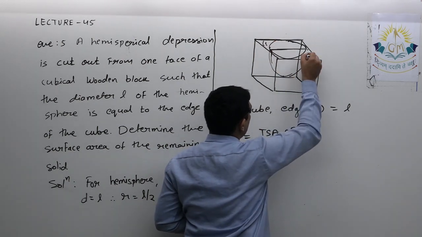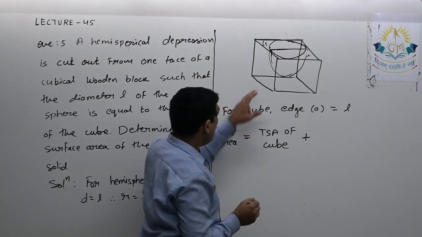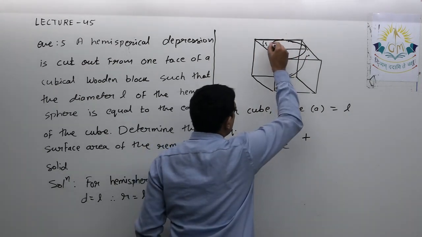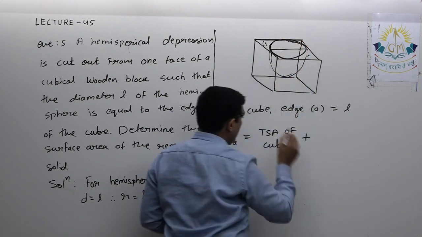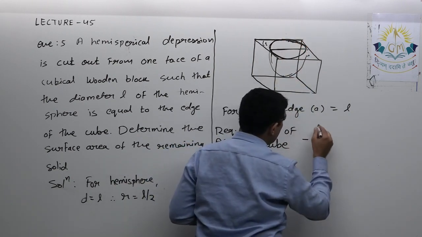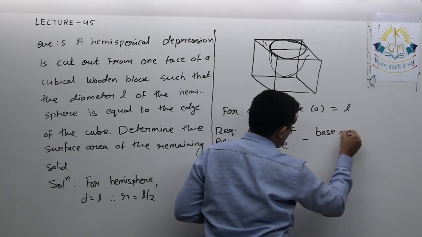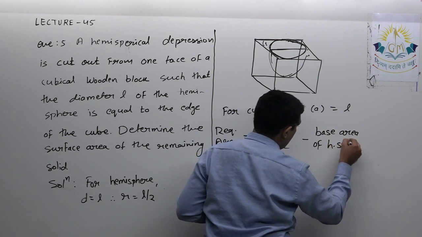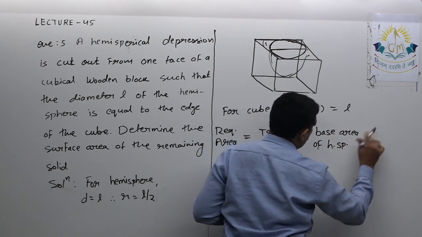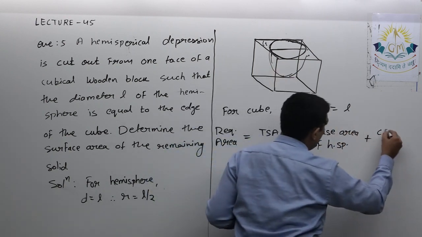Now here it is possible to color. TSA of cube. Now in this TSA, this circular portion is not included, isn't it? So I can say TSA of cube minus the base area of the hemisphere, plus I can add one more thing, that is CSA of the hemisphere.